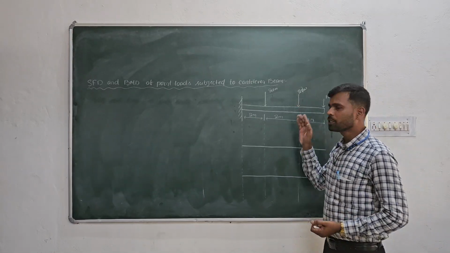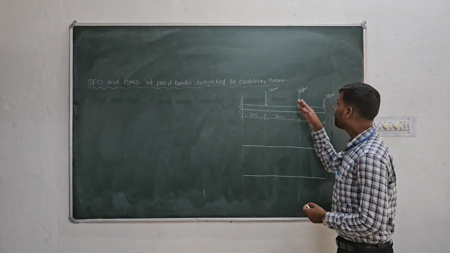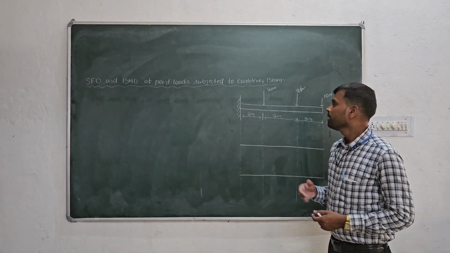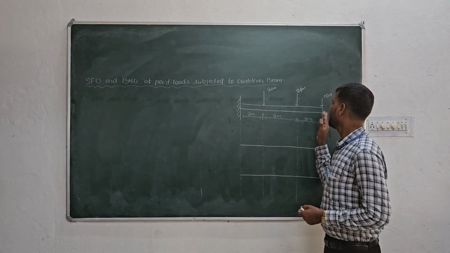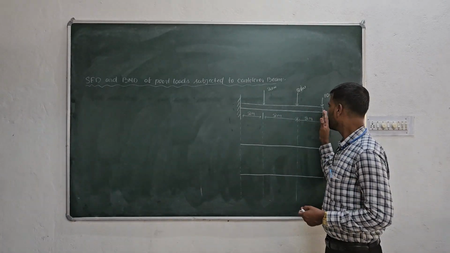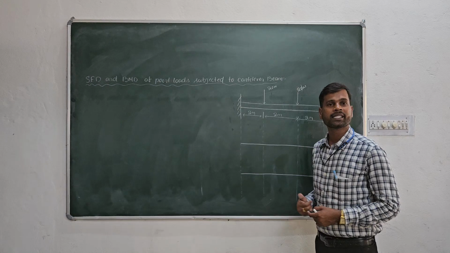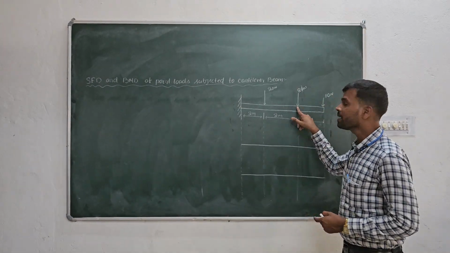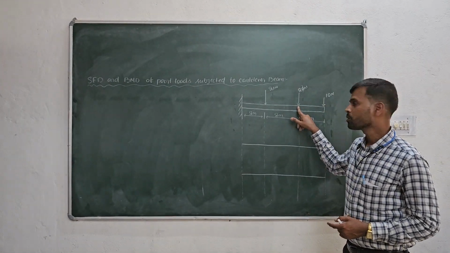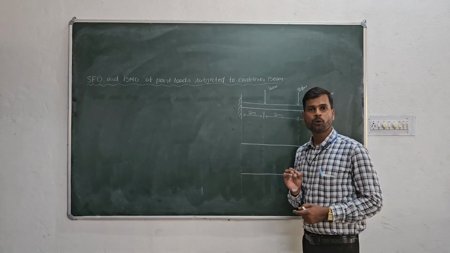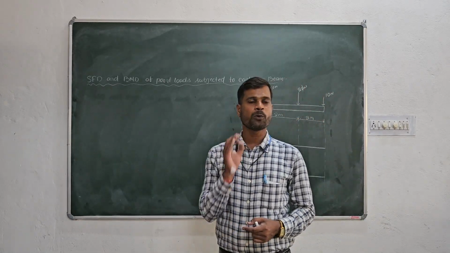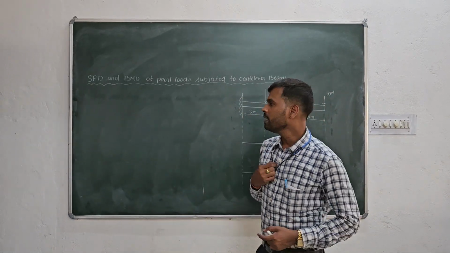Again, there is another point where another 20 Newton force is acting, so whatever shear force or bending moment was acting from this point to this point will definitely change here, because of the extra 20 Newton force. So wherever there is a force or a reaction, those points are the salient points, and we will name them.